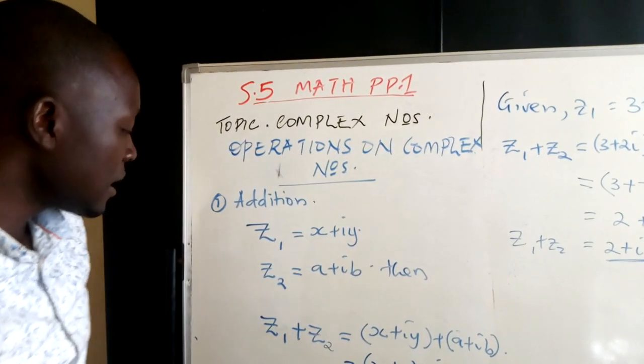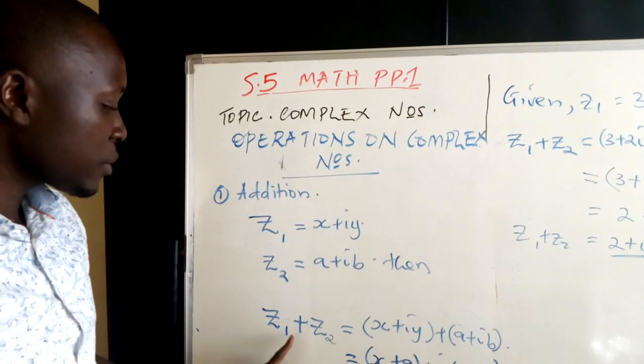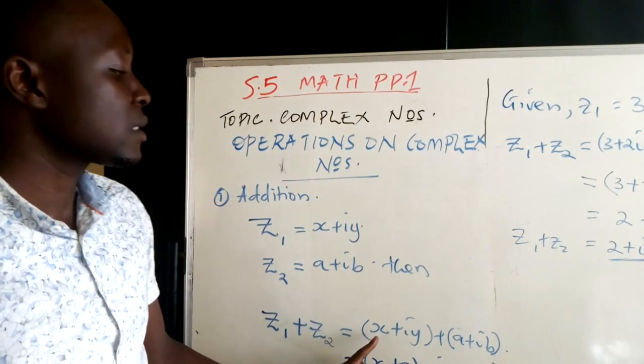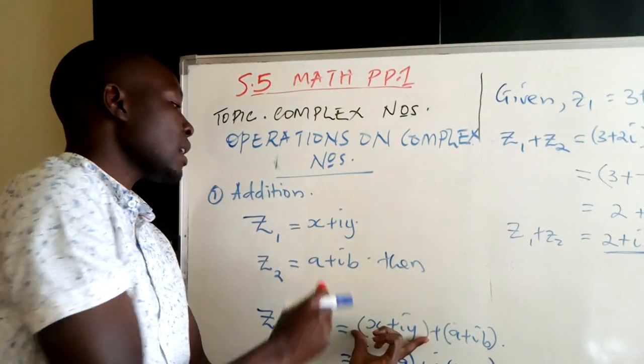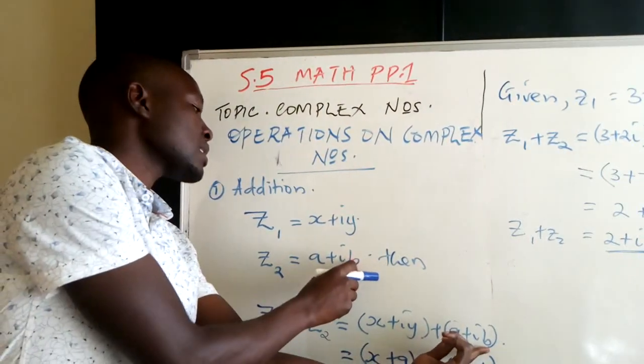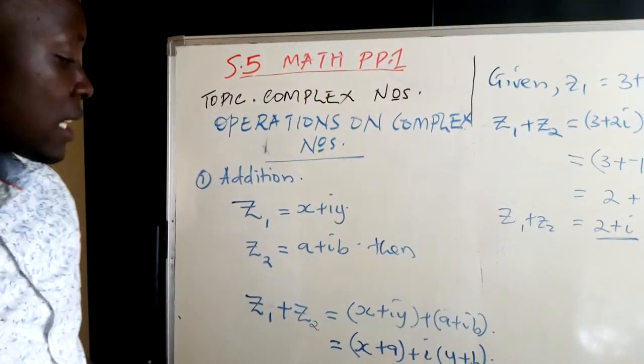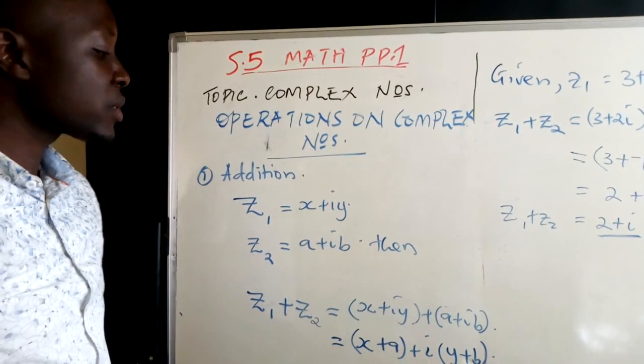Then to add z1 plus z2, which can be expressed as the first complex number plus the second complex number, the addition says that we add the corresponding parts.